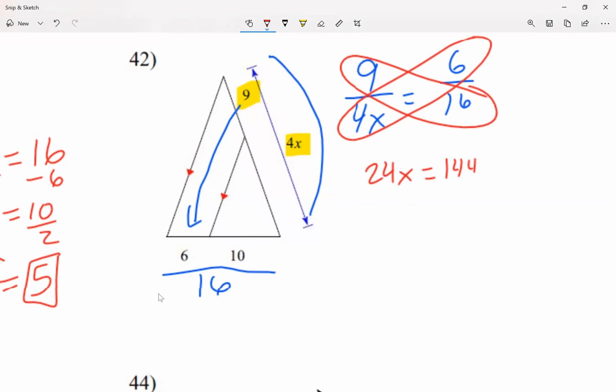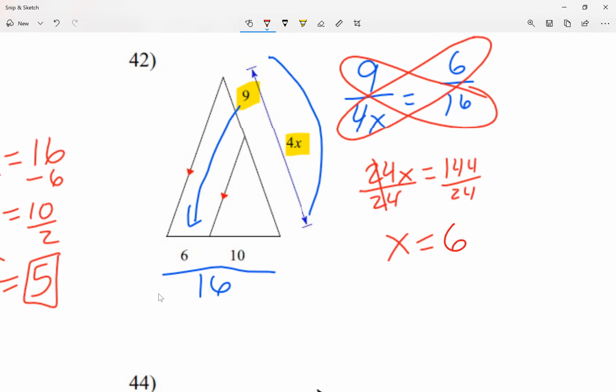Now I have that 24 times x equals 144. To get x by itself, let me divide by 24. 144 divided by 24 is 6. All right, so x equals 6.